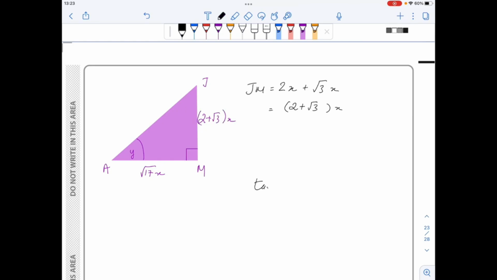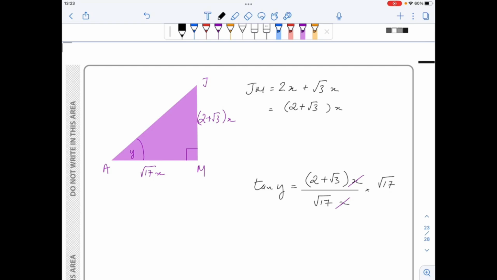So tan of y is equal to the opposite over the adjacent, so 2 plus square root of 3x over square root of 17x. The x's cancel out, and then I have this expression, which is not exactly in the format I want, so I will rationalize the denominator.